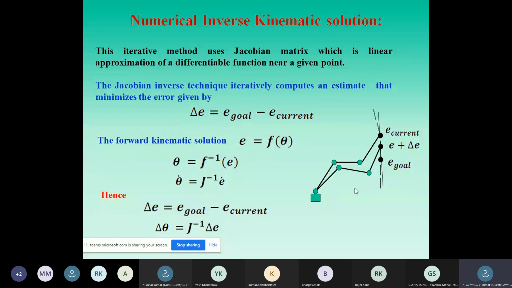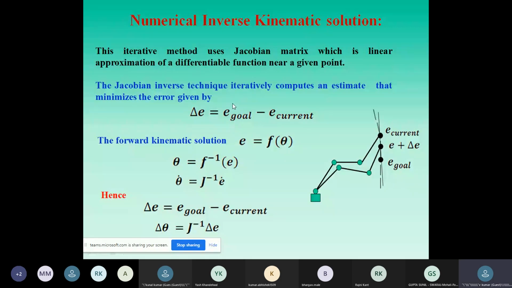The error is very small, 0.1 meter. Then we will say that our end effector reaches the goal position. So for that, first we calculate the errors.